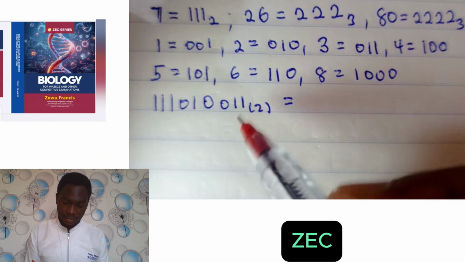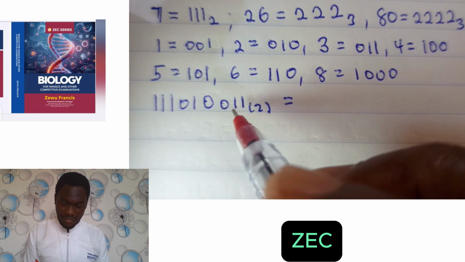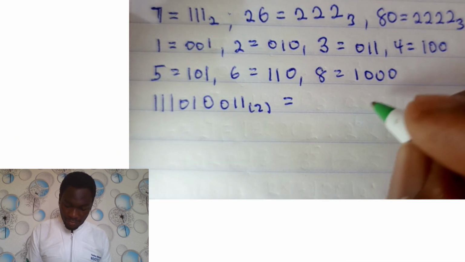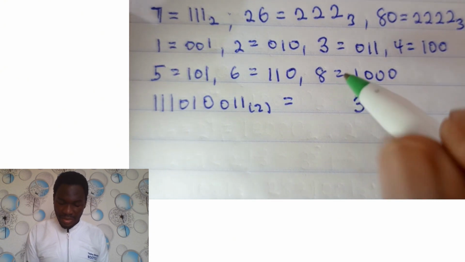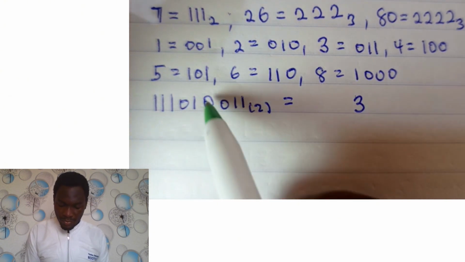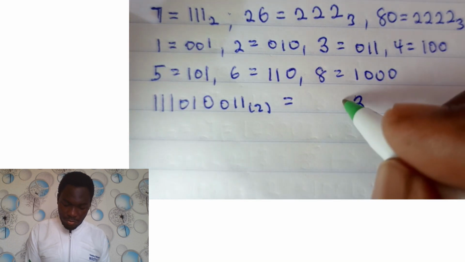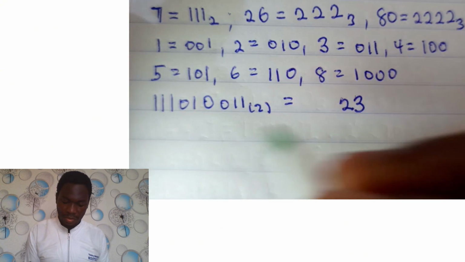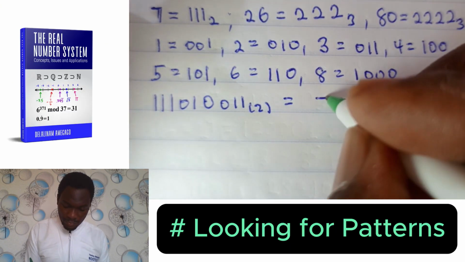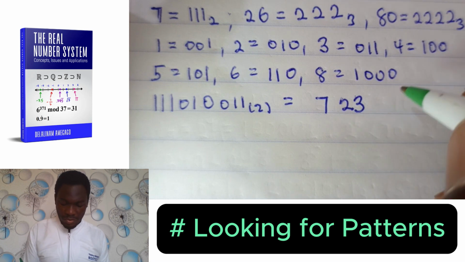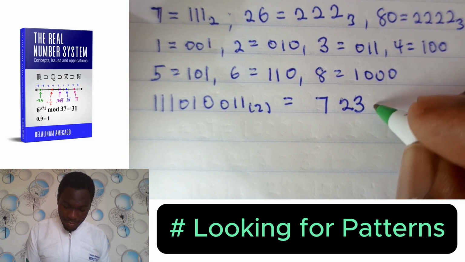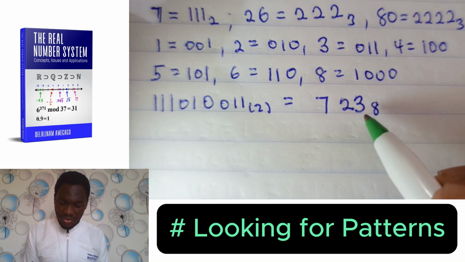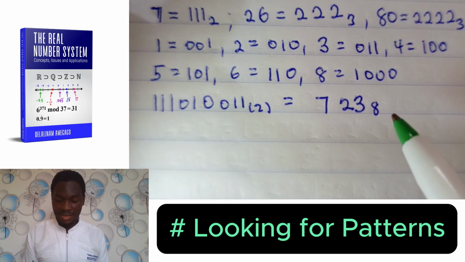So my first 3 from the right is 0, 1, 1, and that is 3 in base 8. Then I go to 0, 1, 0, that is 2. Then the last I have 1, 1, 1, and that is 7. So once you are familiar with them, you don't have a problem. So this number in base 2 is 723 in base 8, just like that.